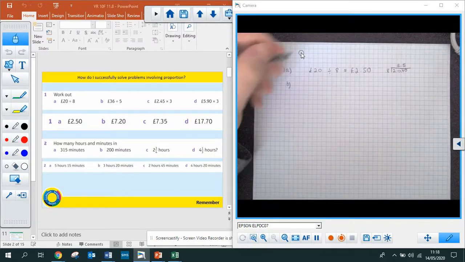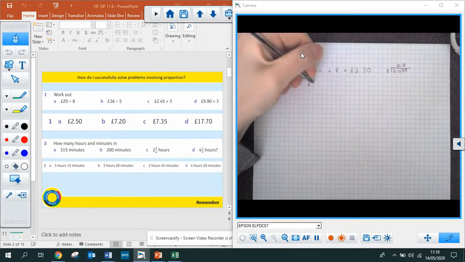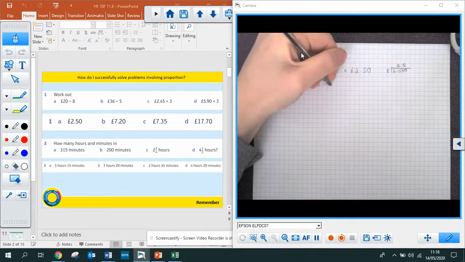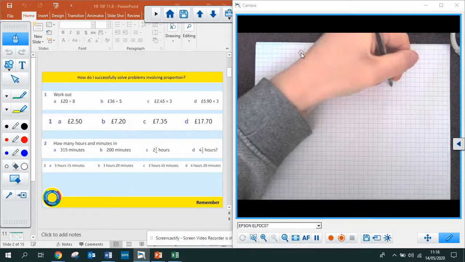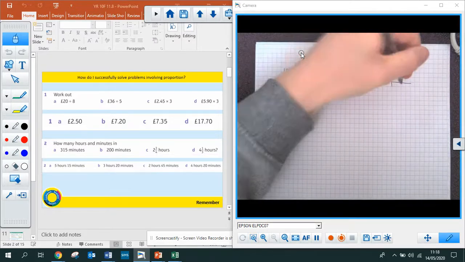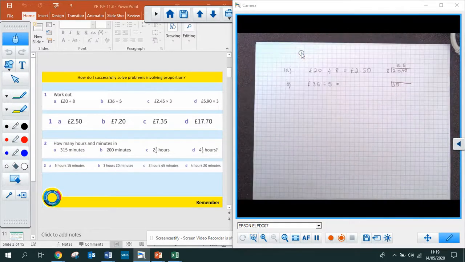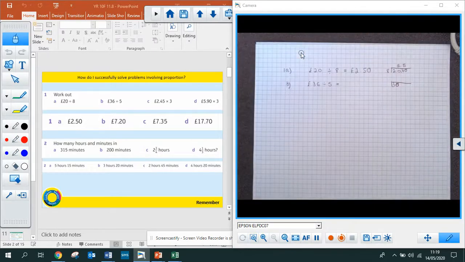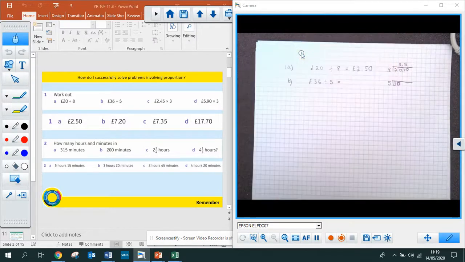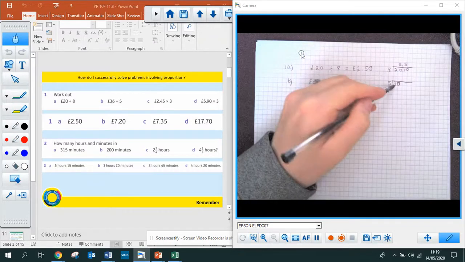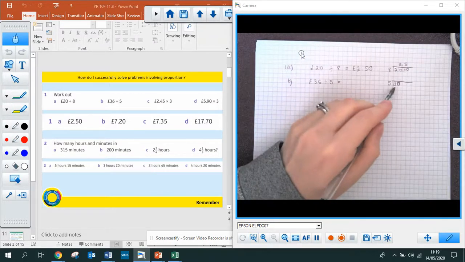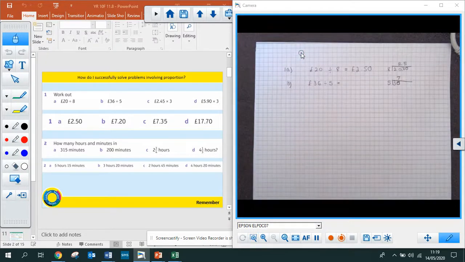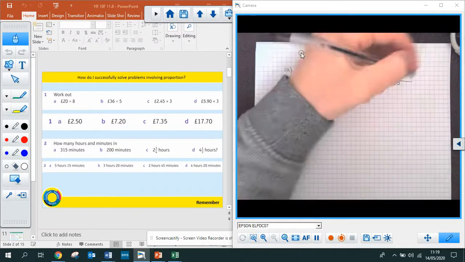B, you're doing £36 divided by 5. Again, use your bus stop because it's not going to divide it exactly. 36, sorry, is what you're dividing. So it goes under the bus stop and 5 goes on the outside. 5 doesn't go into 3, but 5 does go into 36 7 times. So you write your 7 above and that gets you to 35, so it has 1 remaining.